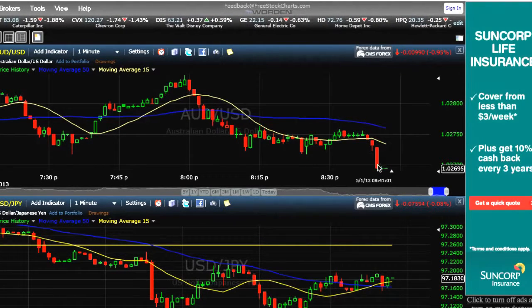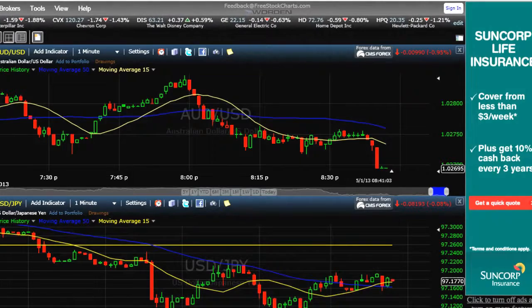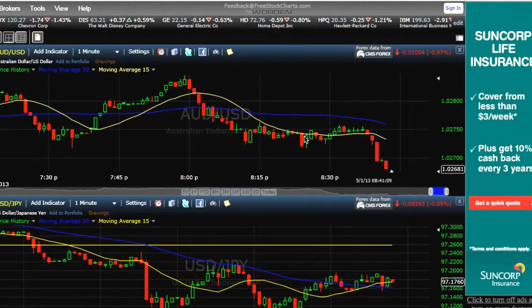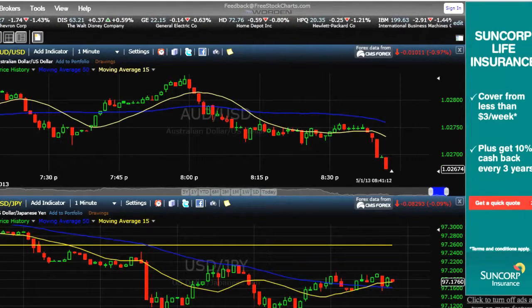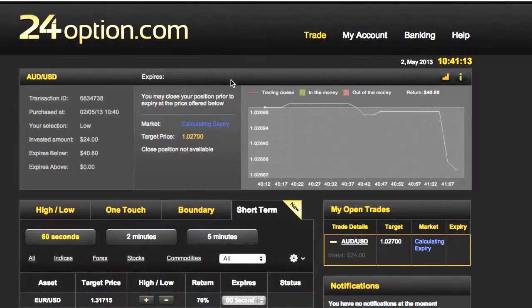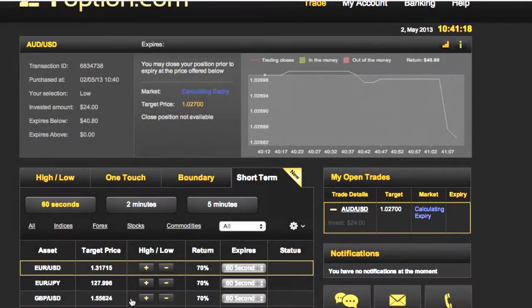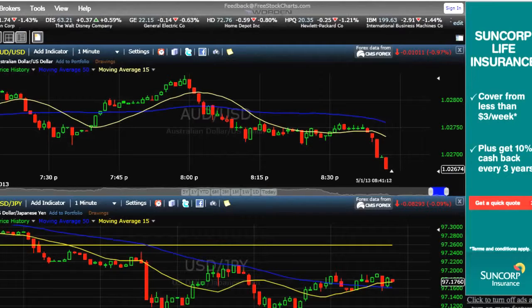So it looks like I'm going to win this trade. So I would actually trade again. Okay, so that's one. So based on that outcome, you would actually trade again. So that's a perfect example of a 60-second trade.